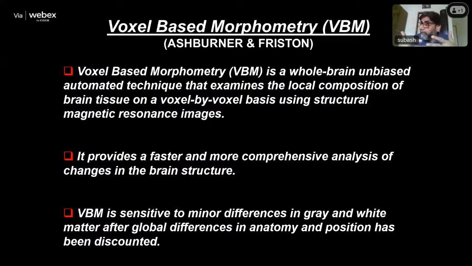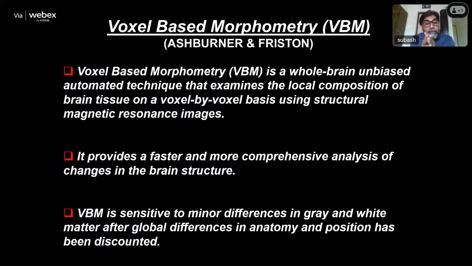Now we always say that a person has more gray matter or less gray matter, and we know that with aging and disease processes there are changes in the gray matter and white matter concentration in the brain. This is a very beautiful technique where you can look at brain volumes and gray matter volumes in different structures, and also the total intracranial volume and the gray and white matter, and then compare this with another population which may be diseased or which may be trained for acquiring new skills.